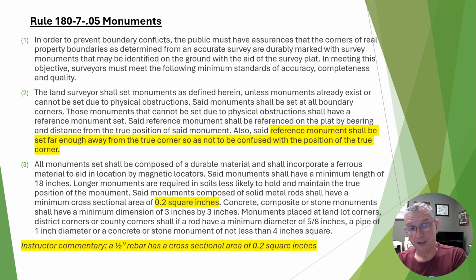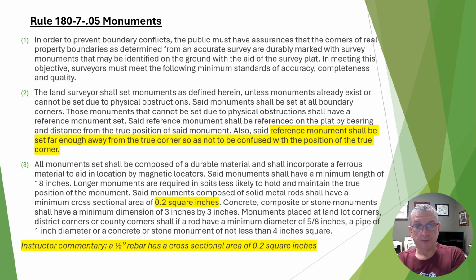A lot of times you might not have to go down 3 or 4 feet, but in a lot of areas 24 inches is a good length, because you won't leave it sticking up enough to be seen unless it's in somebody's yard. But you need to make them long enough to hold and maintain the true position of the monument.